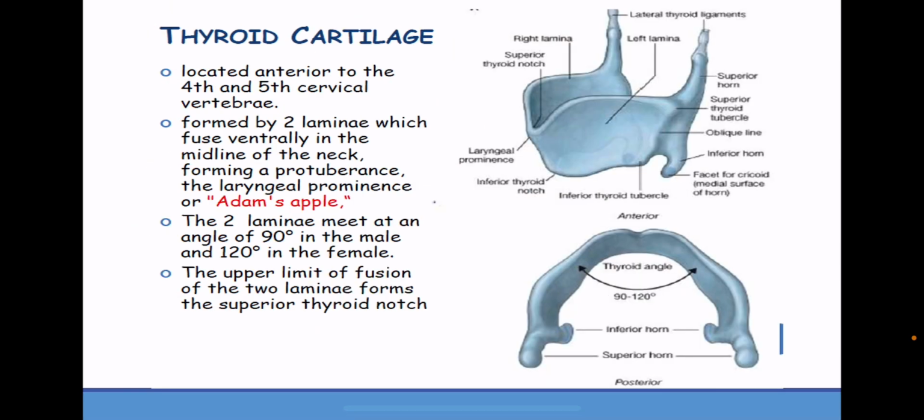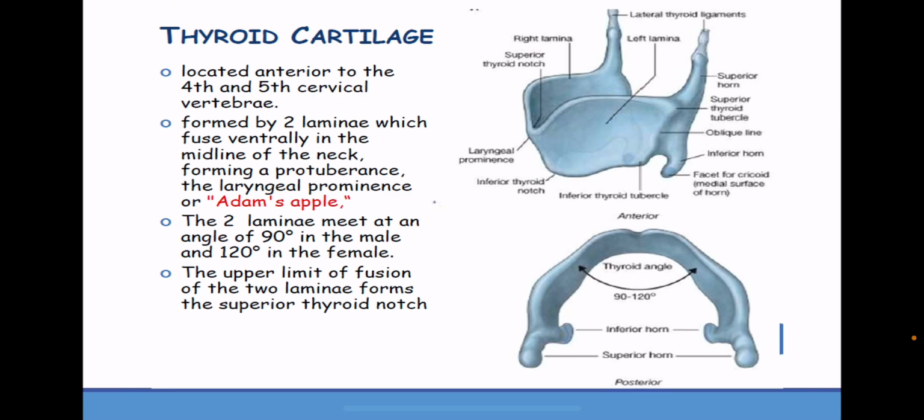It's located anterior to the 4th and 5th cervical vertebrae and formed by two laminae, which fuse anteriorly in the midline of the neck, forming a protuberance, the laryngeal prominence, or Adam's apple. We have to notice that for female, the angle is 120, and for male is 90 degrees.